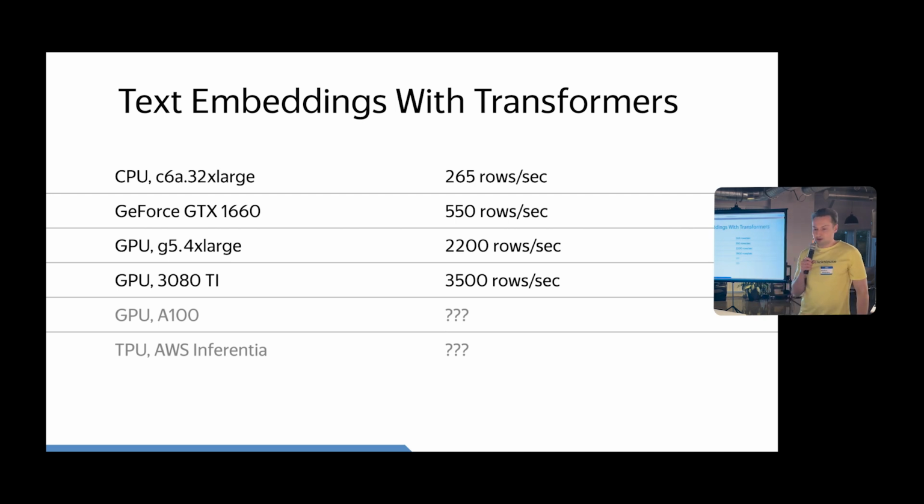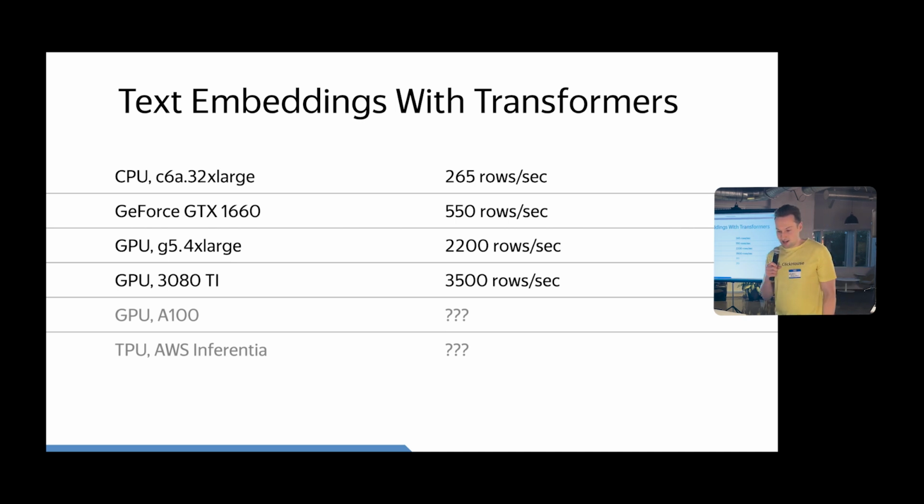Okay, so what about performance? With CPU instance type, even if I use almost the maximum available instance type in AWS, C6A 32xlarge, actually you can get C7I 48xlarge today, but still the performance will be just 265 records per second.